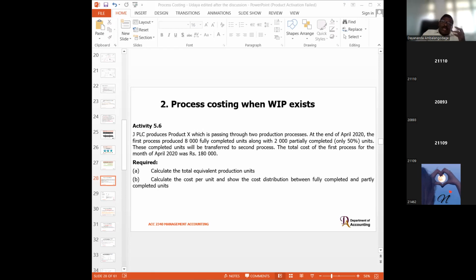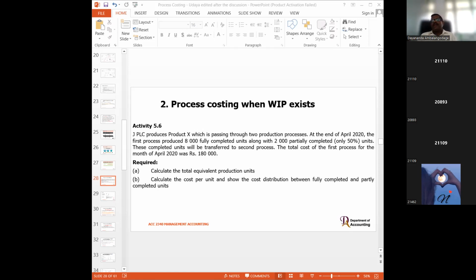You can say, but it's meaningless for process costing purposes. You see, here you have completed 100%. That means 100% resources consumed. But for the partially completed, only 50% completed. So thereby 50% of all the resources consumed.